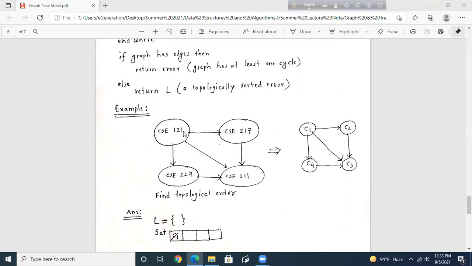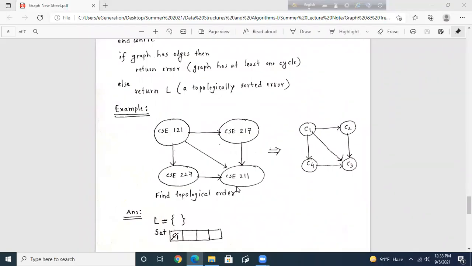CAC 121, then CAC 217. I cannot go from CAC 211 to CAC 121. If there were a route from CAC 211 to 121, then there would be a cycle.